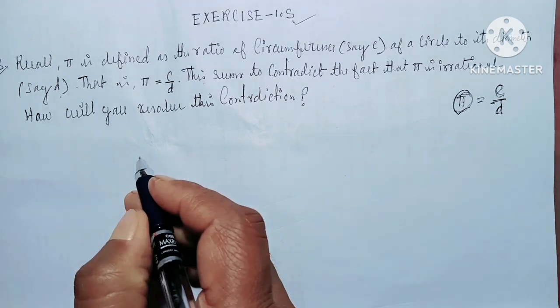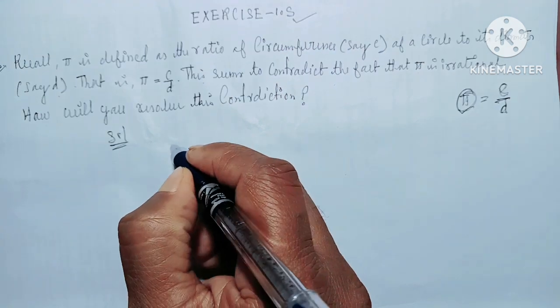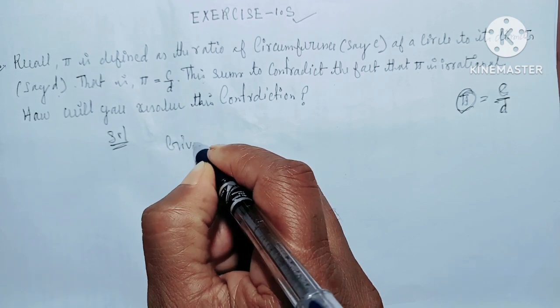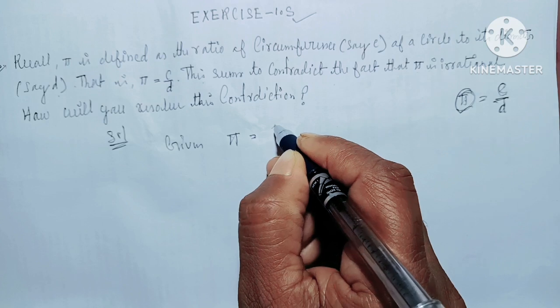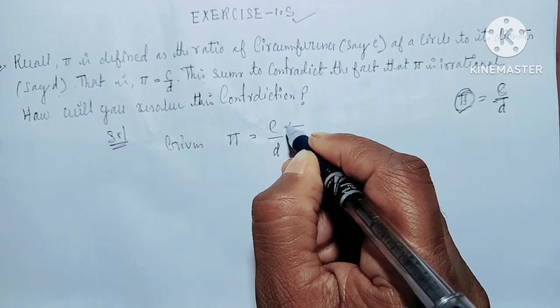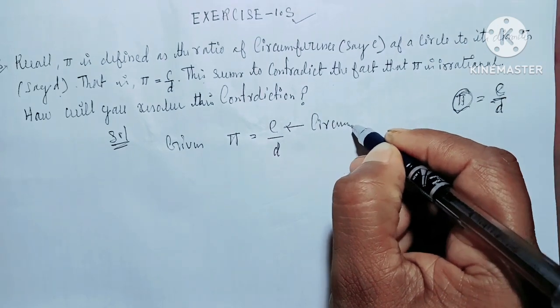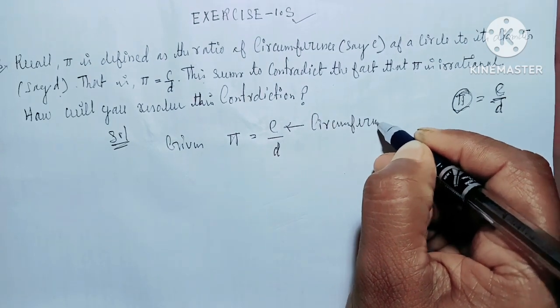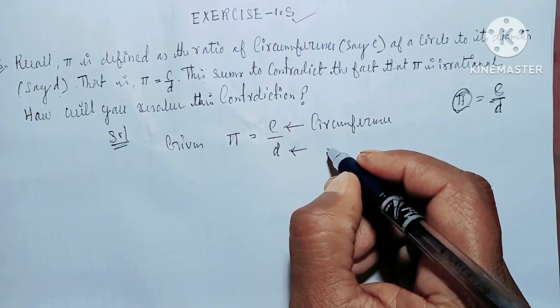First step is the given solution. First it is given that pi is the ratio of circumference and diameter. This is the circumference of a circle, and this is the diameter of a circle.